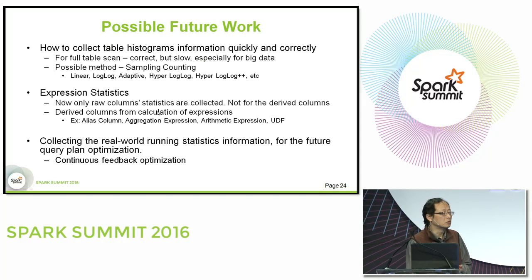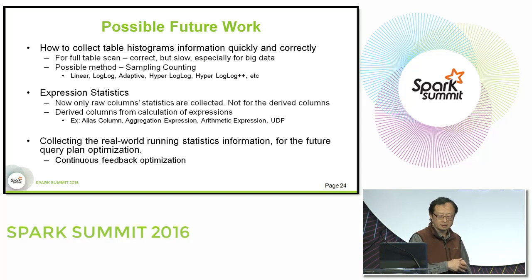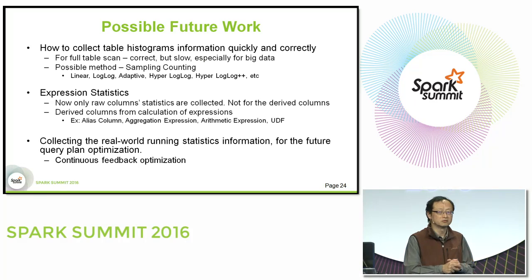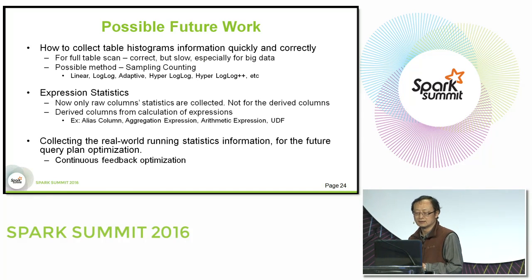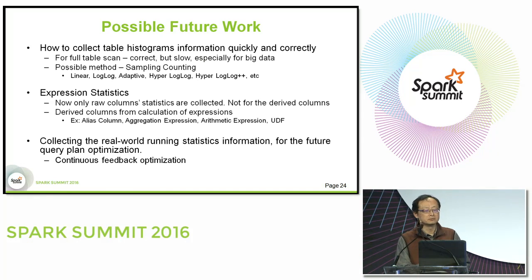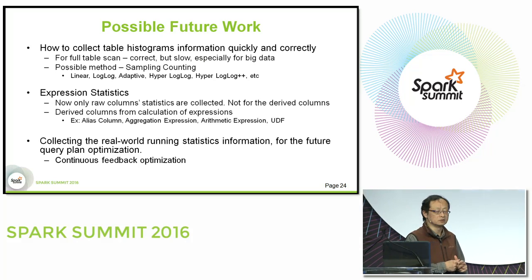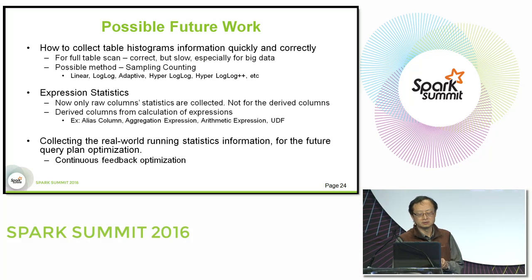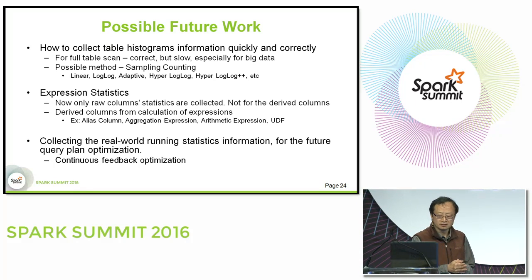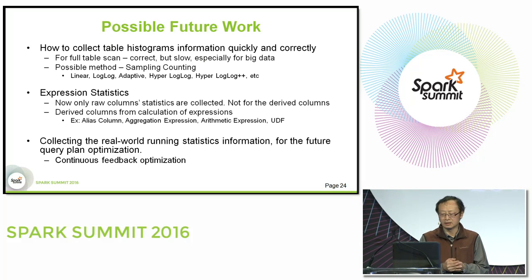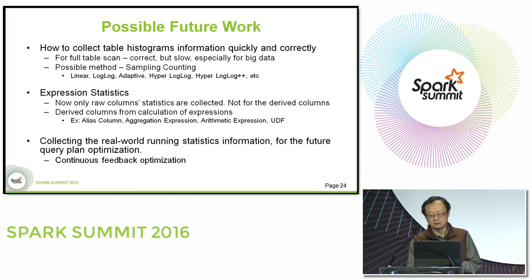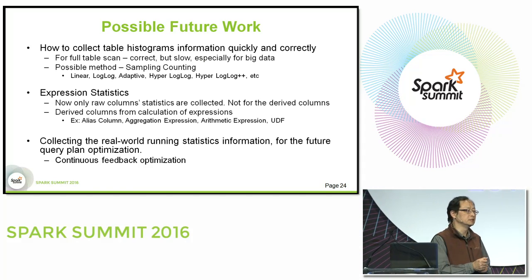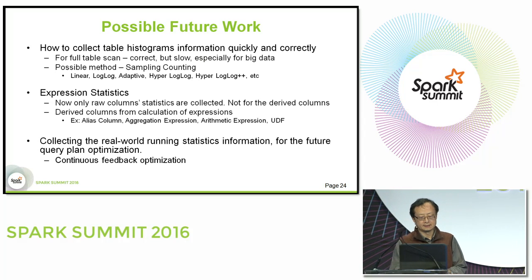Also, today we only collect statistics for the columns and the table directly, but we do not collect statistics for derived columns, such as aggregation expressions or even UDFs, user-defined functions.